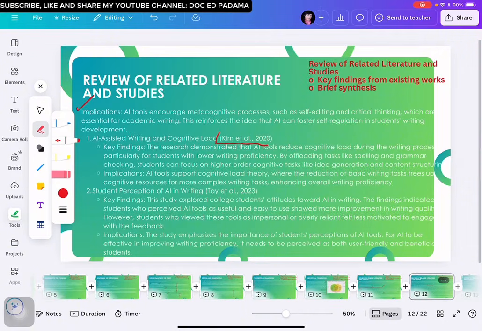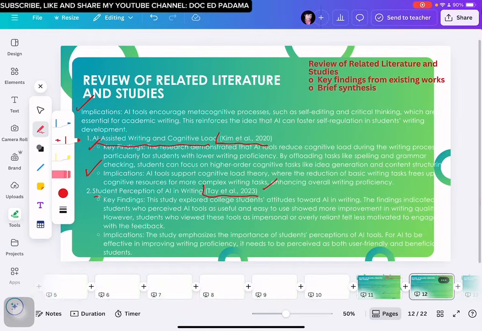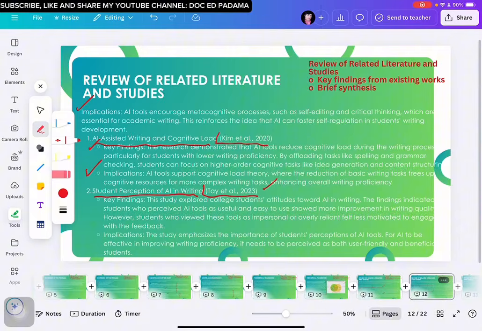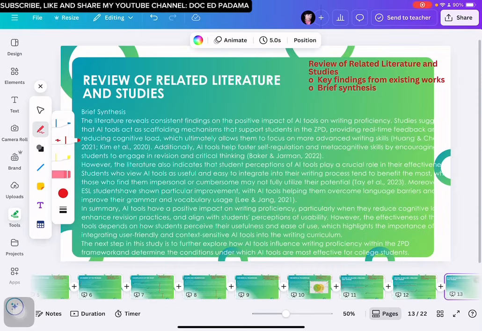This is the title, AI assisted writing and cognitive load, key findings, and then the implications or significance of this to the current study that is being conducted. So this is Tai et al., published, title, and then the key findings, and then the implication. Okay, next, slide number 13.